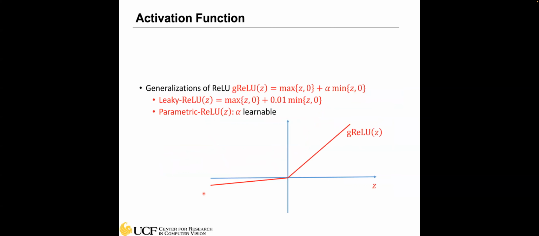One way to mitigate this issue is to not have a flat 0 on the left half of the plane. We want to introduce some slope so that when you compute the derivative, you still have small values there. That's the idea behind parametric ReLU, leaky ReLU, or GReLU: basically introduce some slope in the left half of the plane, so you don't have zero gradient.